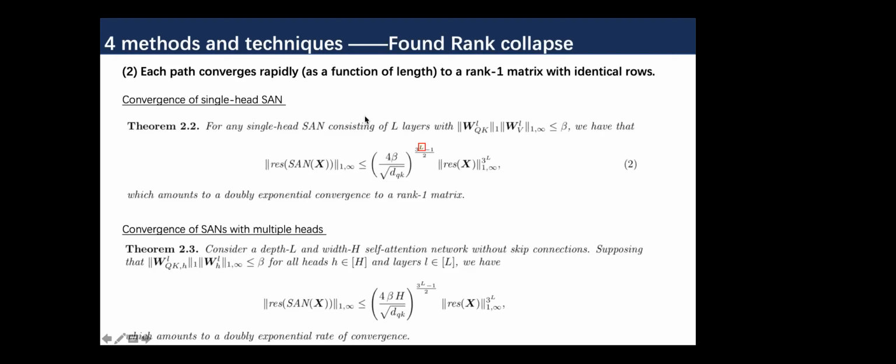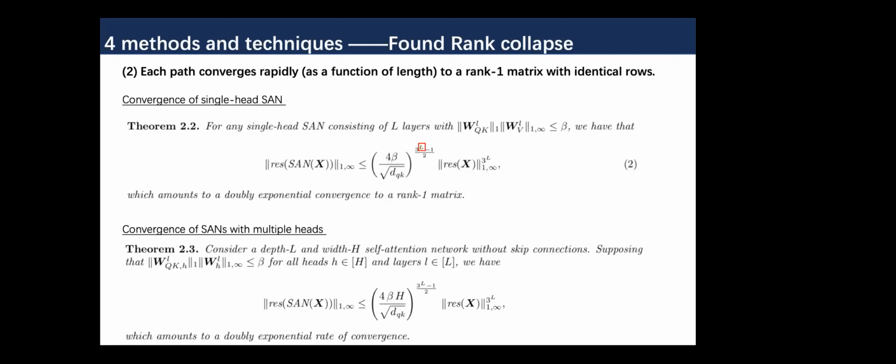In the paper, it shows that the term in the parentheses is smaller than 1 for all small residual inputs. And you can see that L is in the power of the parentheses and also the power of 3, which is a double exponential.